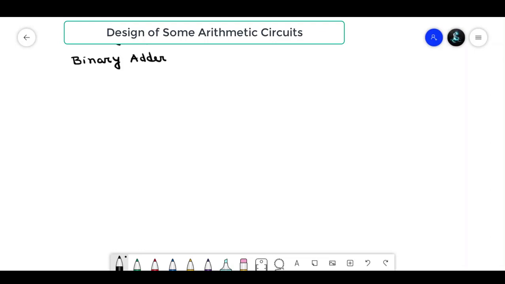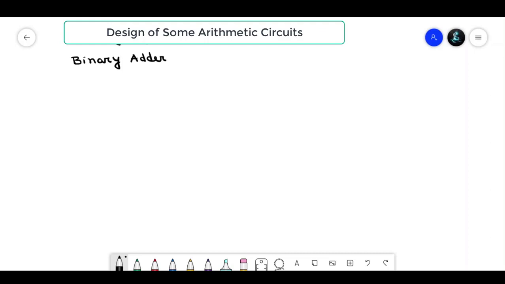A binary adder is the digital circuit that generates the arithmetic sum of two binary numbers of any length. The binary adder is basically constructed with full adders. You are well acquainted with the circuit of the full adder, so I am not discussing it today.